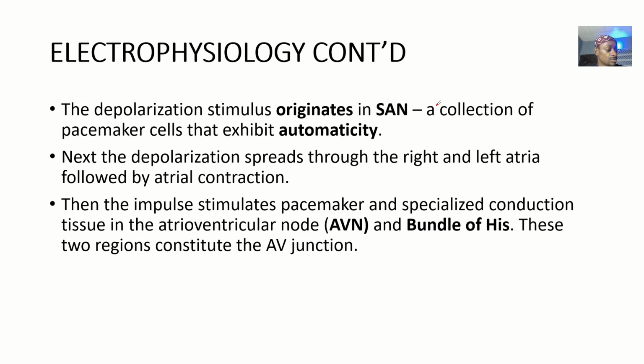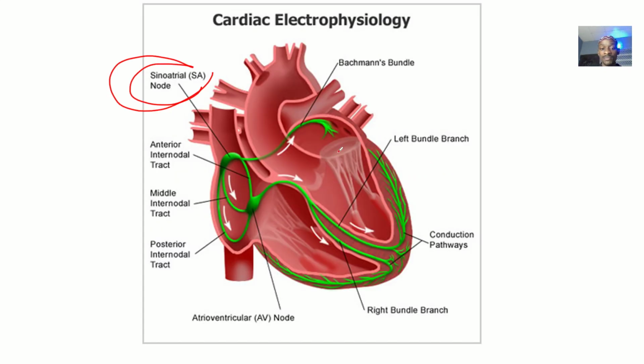Next, this depolarization will spread through the right and left atria, followed by what? Atrial contraction. So it means that if there's electric current starting up here, it will spread to this top side of the heart.